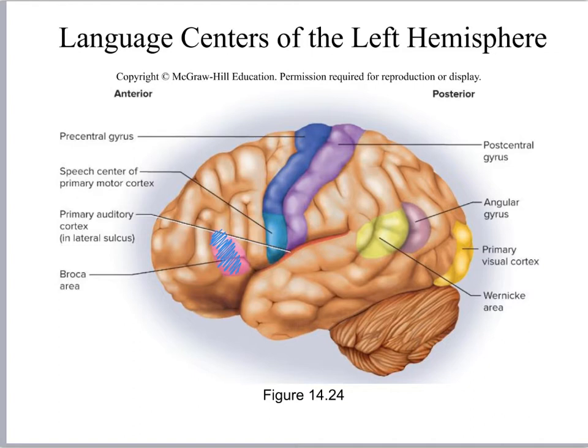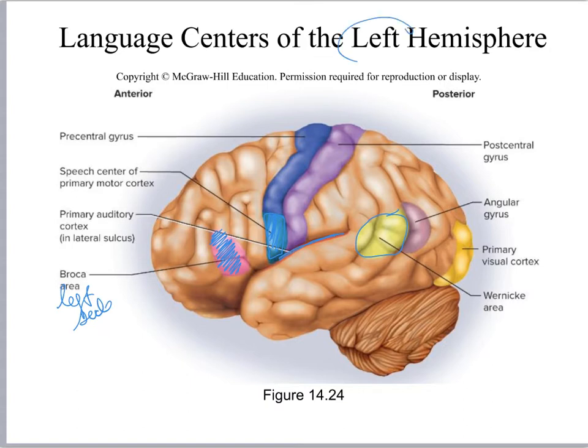We're also dealing with the auditory component, so the sound of language. So also involved in language is the primary auditory cortex. And for making sounds, we've got the speech centers of the primary motor cortex in here. And then we've got Wernicke's area, which is also only a left side thing.